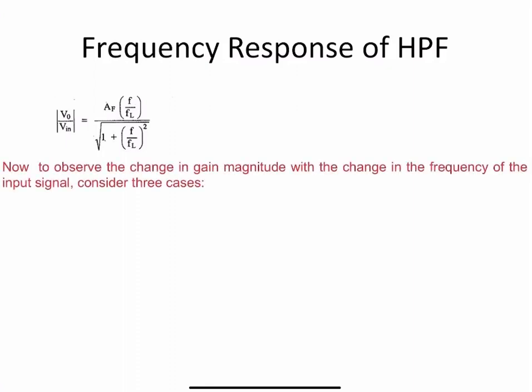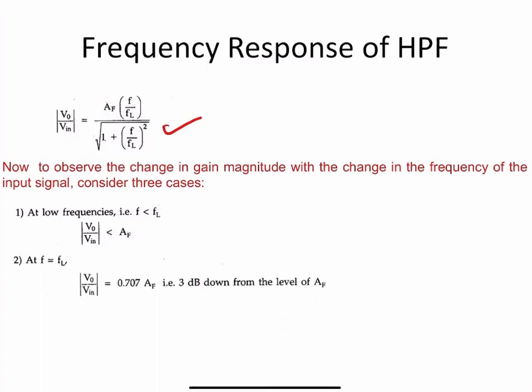Now to observe change in magnitude with the change in frequency of input signal, consider three cases. First case is at lower frequency, whenever input signal frequency is less than fL, less than cutoff frequency. By putting this relation f less than fL in this expression, you will get V0 by Vin will be less than AF. At f is equal to fL, in the second case, you will get V0 by Vin, magnitude of this will be 0.707 AF, that is 3 decibel.